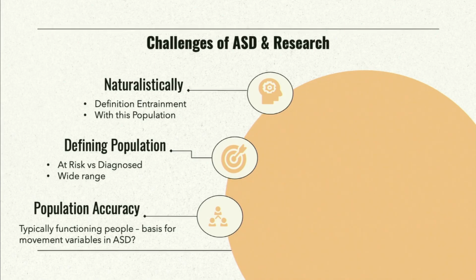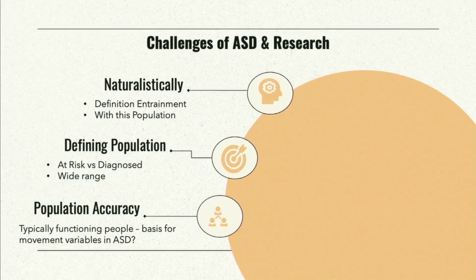Also, we'll touch upon this a bit later, but defining the population can sometimes be tricky when describing if they are at risk of ASD or other diagnoses or already diagnosed, because ASD usually comes a bit later in age, so with very young children, depending a bit on the country and culture that we're talking about, they might not have a confirmed diagnosis yet.